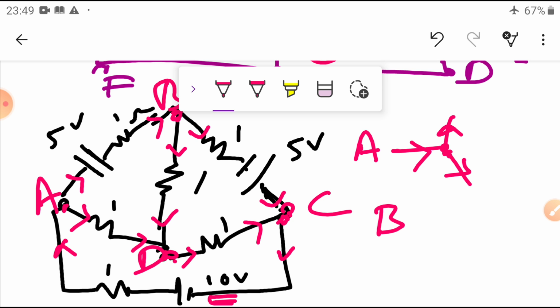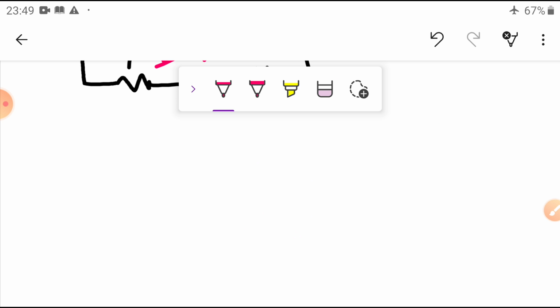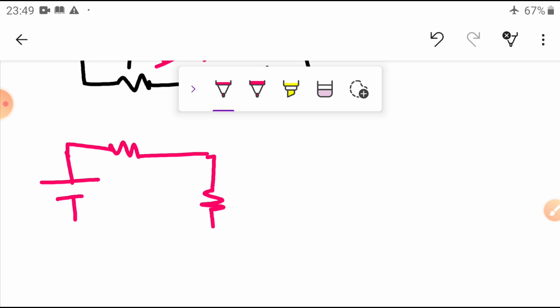Okay. So let us see another problem. Now we take the previous problem we have seen in loop analysis. Take this is the resistance and here is the resistance. Here take the resistance, now resistance.